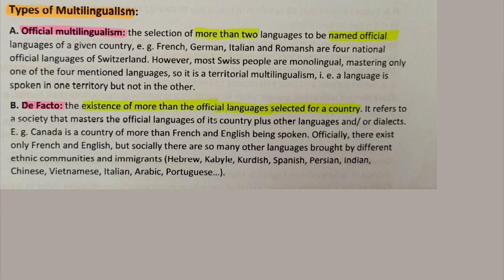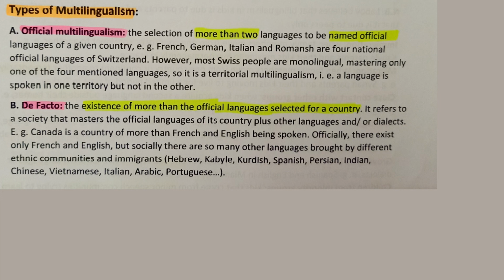Officially there exist only French and English, but socially there are so many other languages brought by different ethnic communities and immigrants, if you want. For instance, Hebrew, Kabyle, Kurdish, Spanish, Persian, Indian, Chinese, Vietnamese, Italian, Arabic, Portuguese. All these languages are spoken in Canada, but they are not official languages. The only official languages of Canada are French and English.